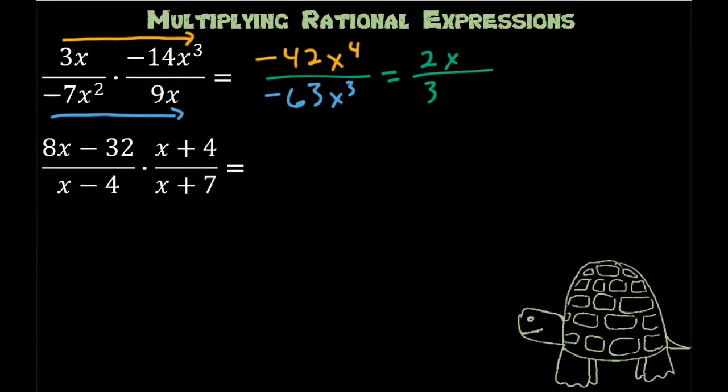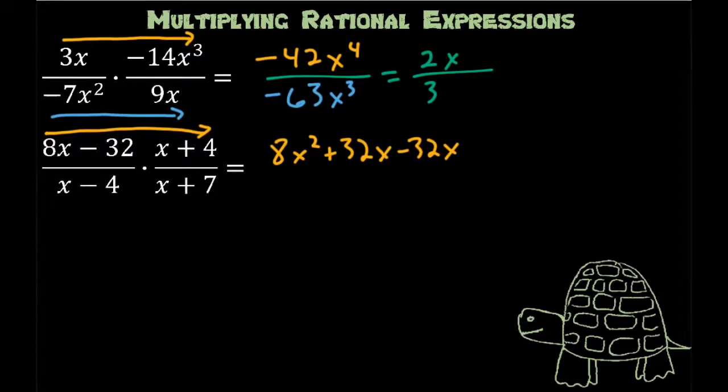Looking at the next problem, this is a little bit more difficult. We have binomials in the numerator, so we're going to have to FOIL that numerator. 8x times x is 8x squared. 8x times 4 is 32x. -32 times x is -32x.